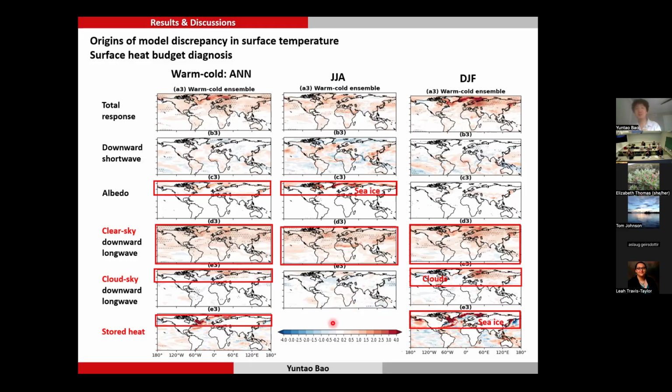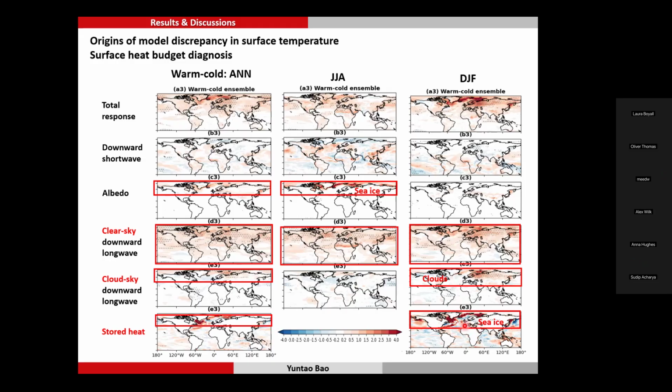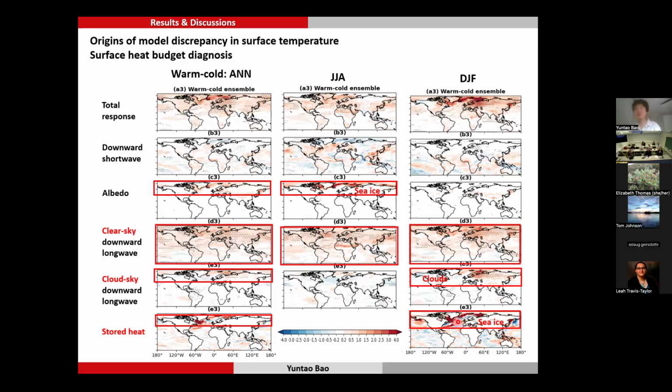That sea surface temperature increase signal will extend later into the DJF season. So this kind of warm signal is stored in the ocean and released later to the atmosphere in DJF. That's why we still think it's the sea ice effect, through the ocean storage.